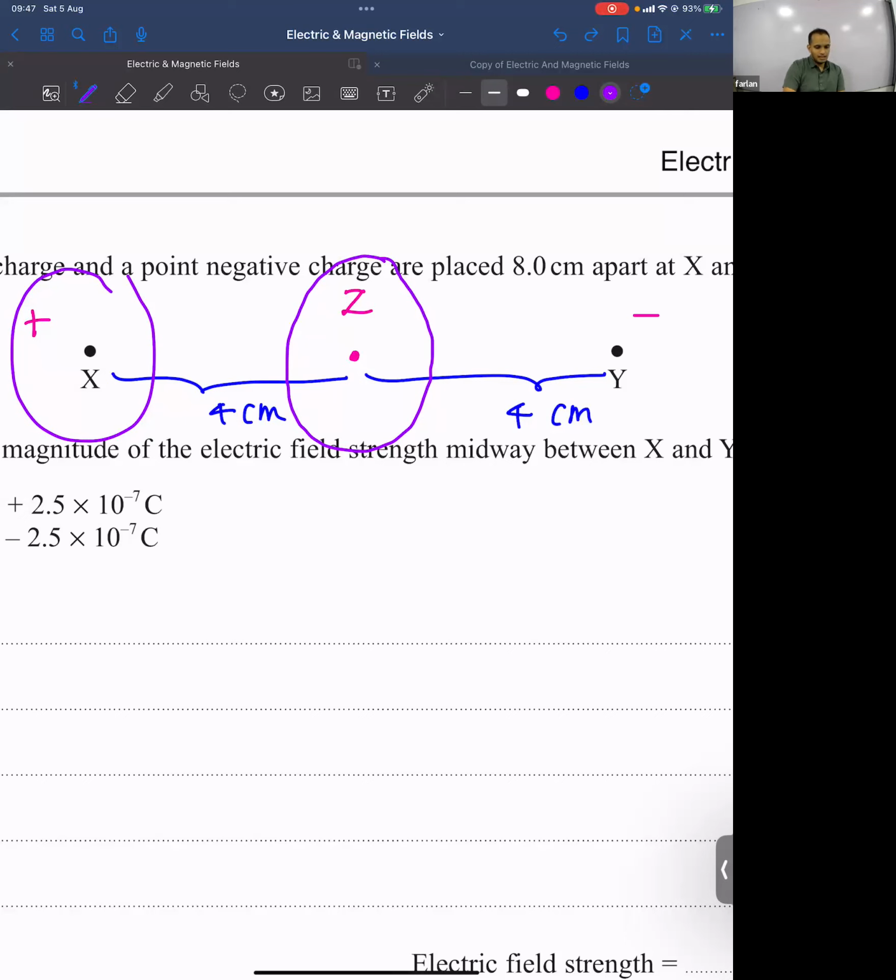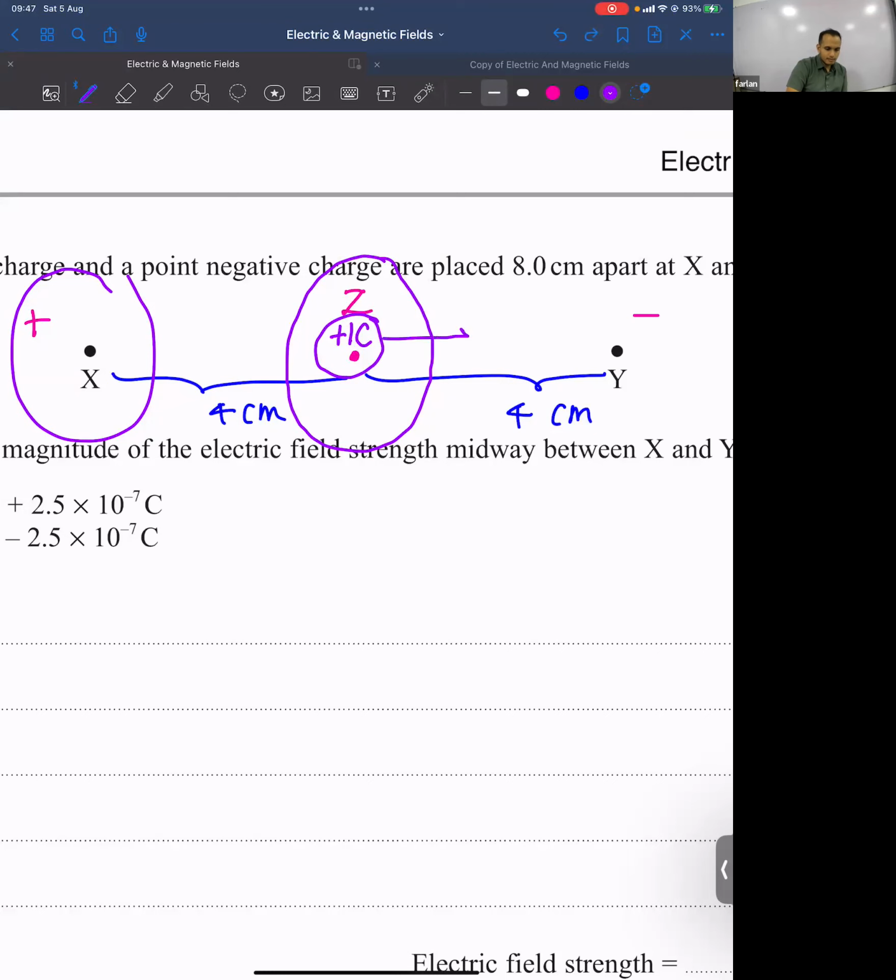So imagine that there is a +1 coulomb charge kept at Z. Tell me, will that 1 coulomb experience a force to the right or left due to this charge X?